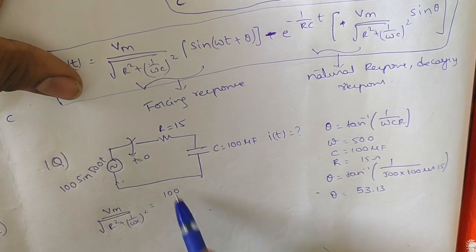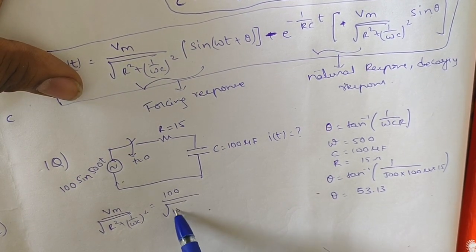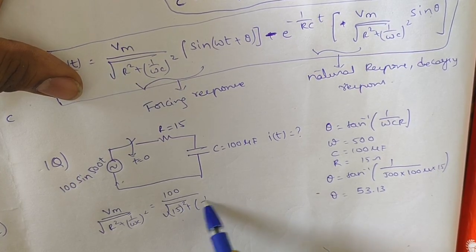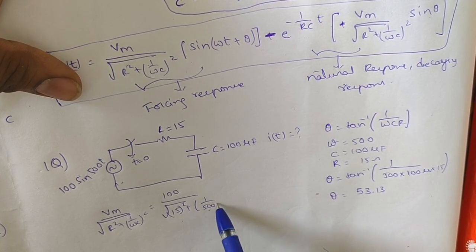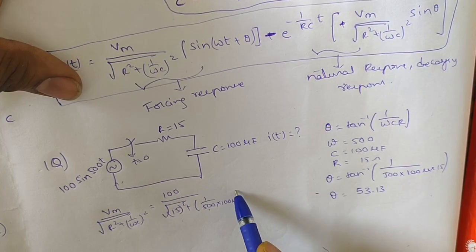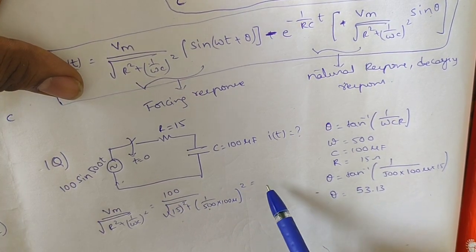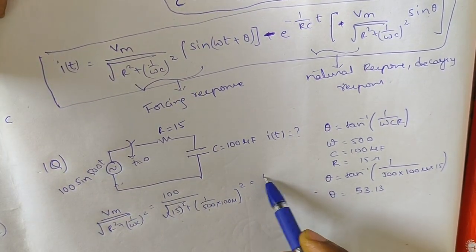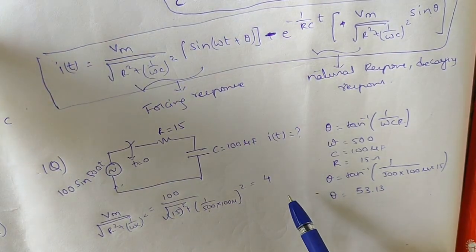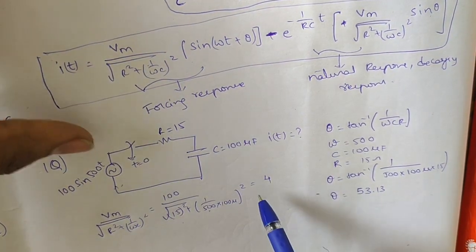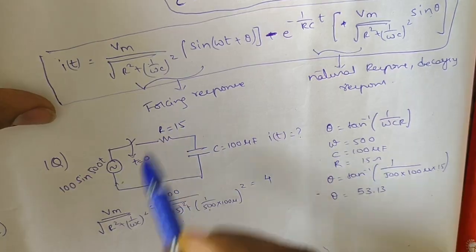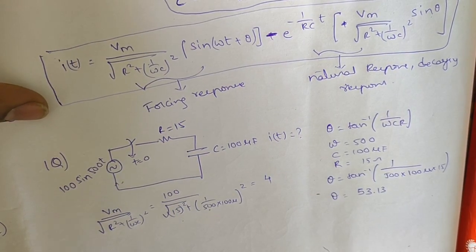Vm will be 100 by under root of 15 square plus (1 by 500 into 100 micro) whole square. Then this value will be 4.